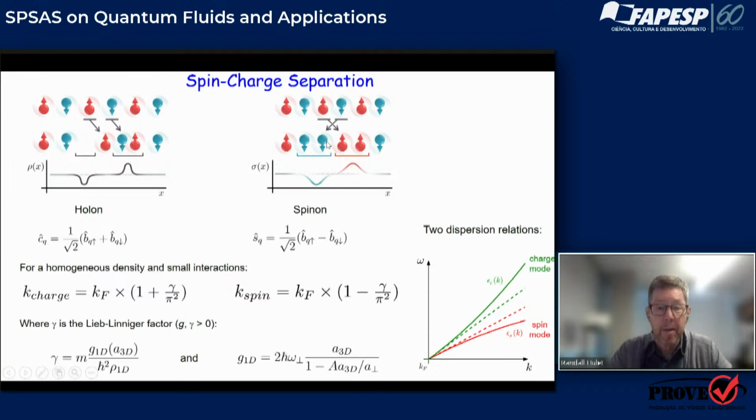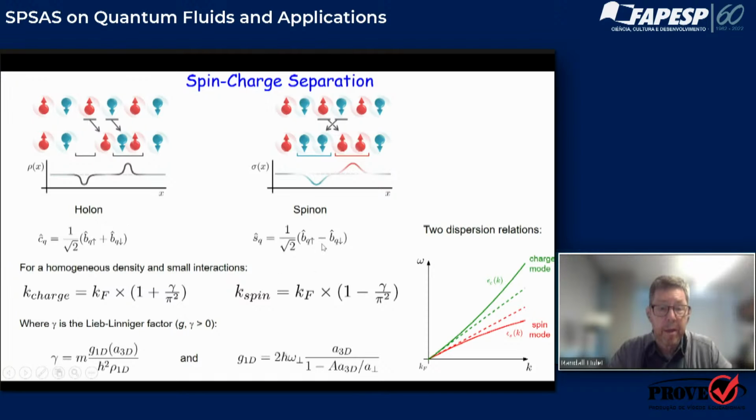These two spin down electrons, and then these two spin up electrons produce a deficit of spin at this location and an excess of spin at this location. So it looks a lot like the density wave, called the charge density wave. But in this case, it's a spin density wave. So these are what the excitations look like.